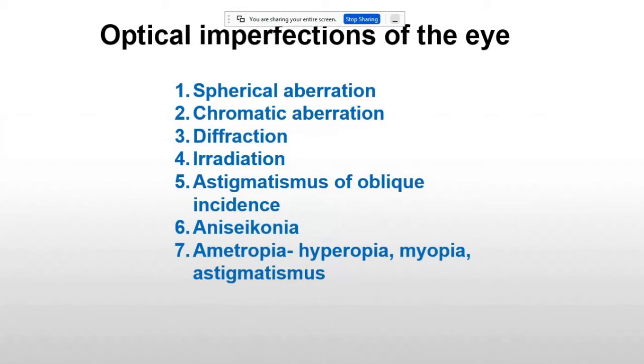And so the cornea cannot be a perfect sphere but an ovoid, so some astigmatism may also take place as a refraction error. So we look at these imperfections shortly, and then we'll reach refraction errors.